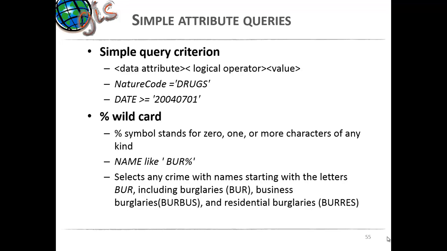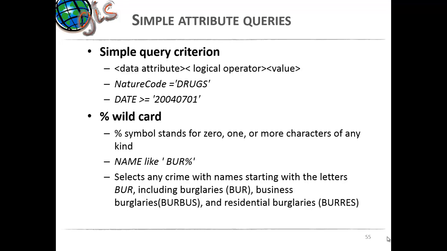We can use percentage in cases of uncertainty or to cast a wider net. For example, in this case, nature code like Bur would spit out all the values starting with the letters BUR, including burglaries, business burglaries, and residential burglaries.